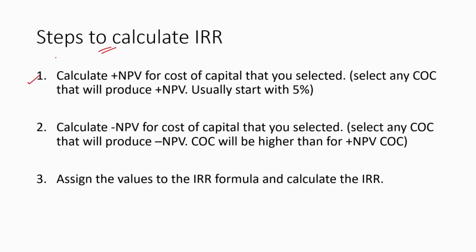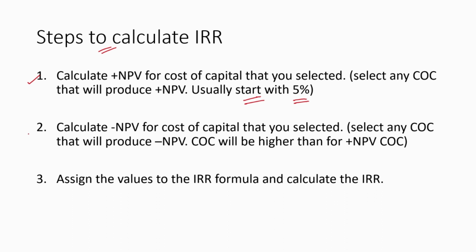Usually start with 5%. This means you have to calculate a positive NPV value for the given cash flows using any cost of capital. This is up to you. You can usually start with 5%, which means you are considering the cost of capital to be 5% and calculating the NPV.